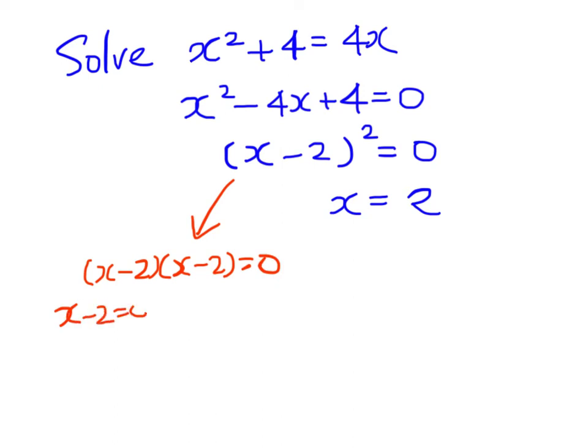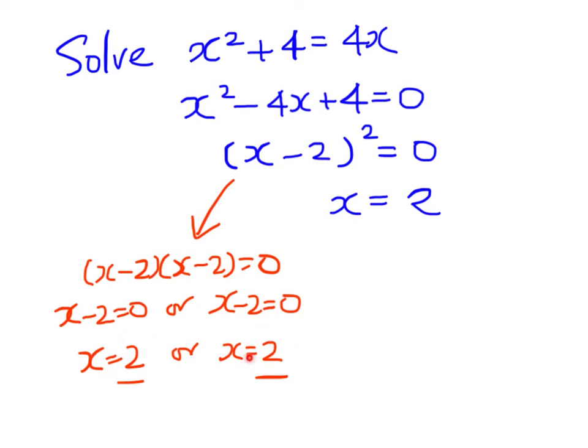We have x minus 2 equals 0 or x minus 2 equals 0. Therefore, the answer is also 2 for the final value of x. It happens that for a perfect square, these two answers, these two roots, are the same. And usually we call this repeated roots or double roots. They are just the same.